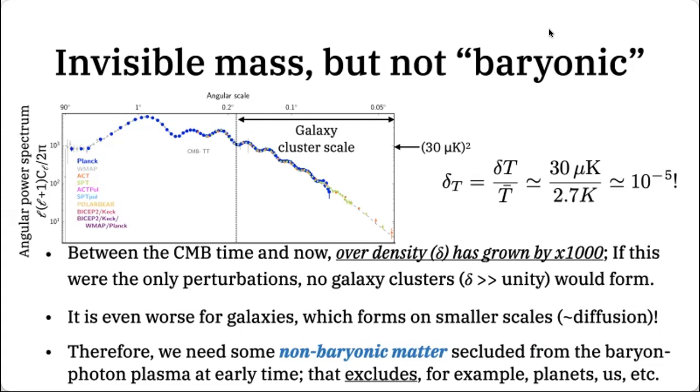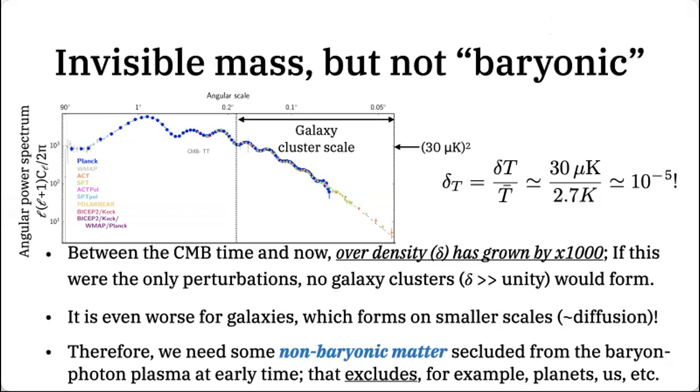So there must be another component in the early universe that created the hot and cold, the dense and sparse spots, a density fluctuation far greater than what you see in the CMB sky. So that's what the CMB can tell us, which means that dark matter, previously named invisible matter, cannot be baryonic or cannot interact with baryons.